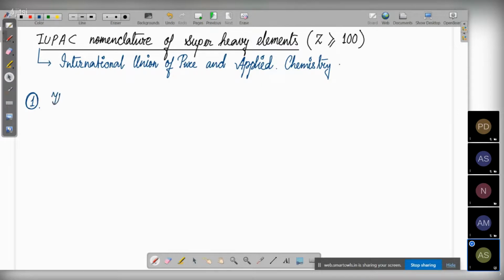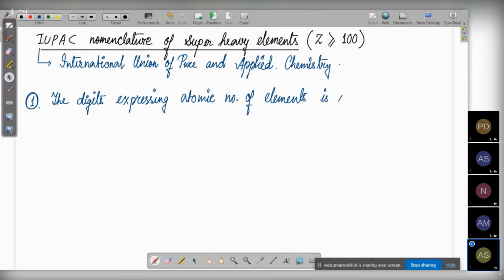Let me write down the rules first. The digits expressing the atomic number of the element are written as follows.